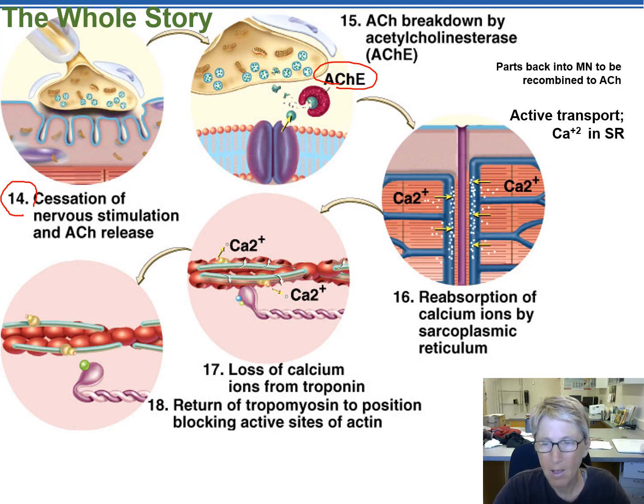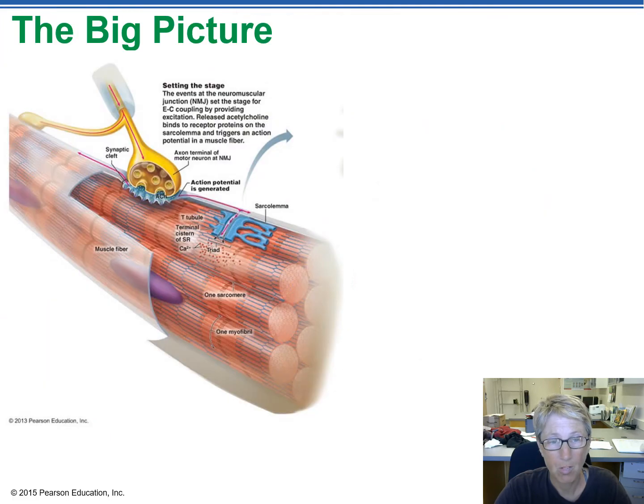And then calcium also gets pumped back out of the cell, and calcium also gets pumped back into the SR. When there's no more calcium present, then the troponin-tropomyosin complex moves over the myosin head binding sites on actin, and myosin heads can't find a binding site anymore. And so the muscle contraction stops.